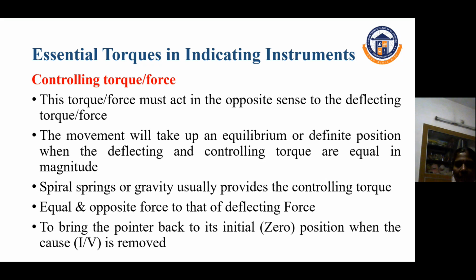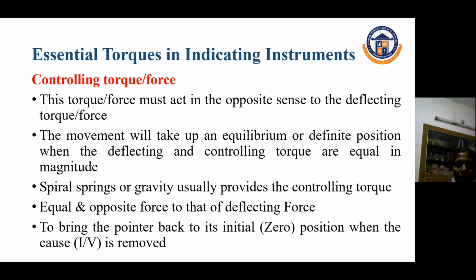So this controlling torque is very essential, and it should be equivalent to the deflecting torque. It will keep the pointer in a constant position when the supply is connected, and if the supply or quantity is removed, it will come back to the original position. The controlling torque is needed.